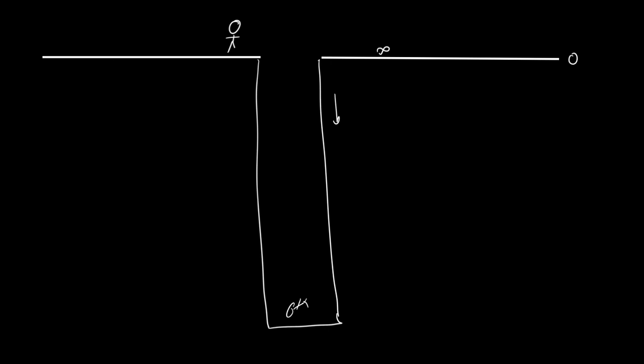And to escape the well, we have to acquire enough energy to bring our energy to zero, right? Because our energy currently is negative. So if we apply enough force or apply enough kinetic energy, we can bring our energy right to zero. That would be just escaping the well. For us, that would be getting out of the gravity well of the Earth.